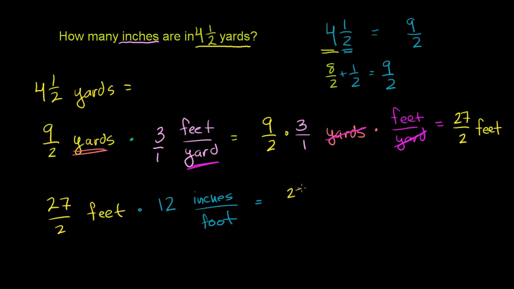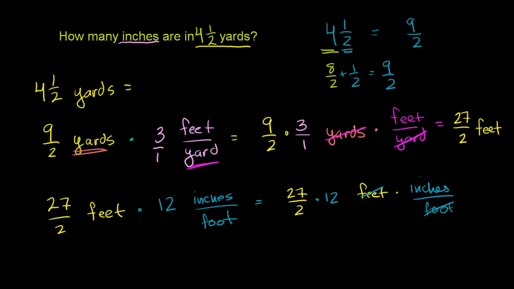So this is equal to 27 over 2 feet times 12 inches divided by foot. The feet and the foot cancel out. They're the same unit. And you have 27 times 12 divided by 2 inches.